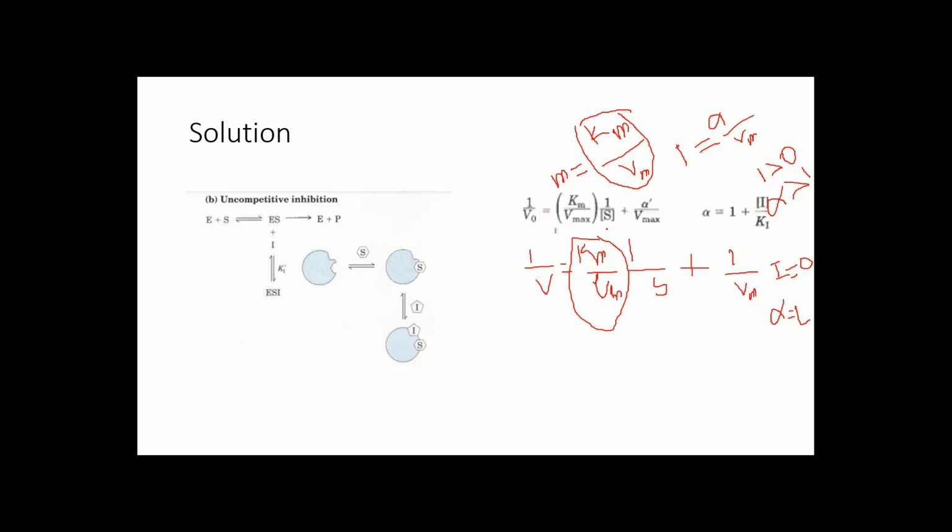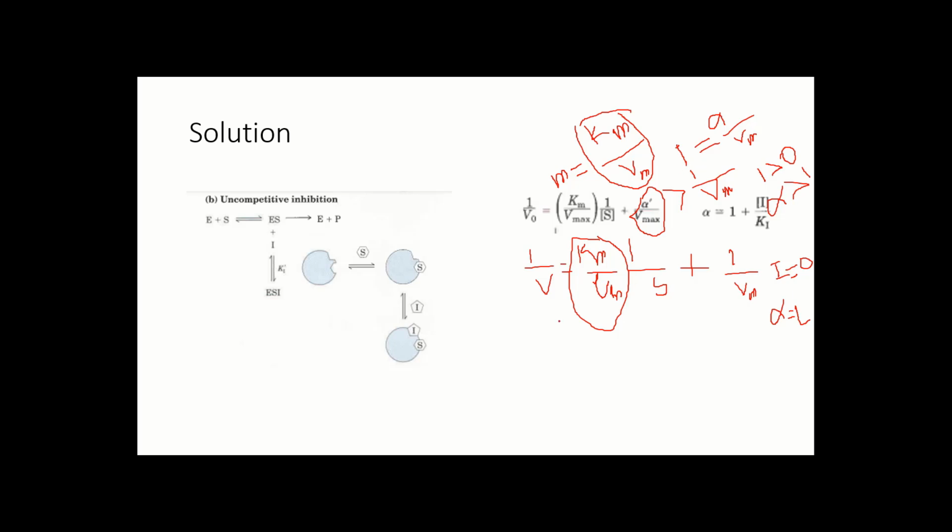So the intercept term alpha'/Vmax in the presence of inhibitor will be greater than 1/Vmax, right? So 1/Vmax is the intercept of the line when there is no inhibitor, I = 0, and alpha'/Vmax is the intercept when the inhibitor concentration I is greater than 0. So the intercept in the presence of inhibitor is greater than the intercept in the absence of inhibitor, right?